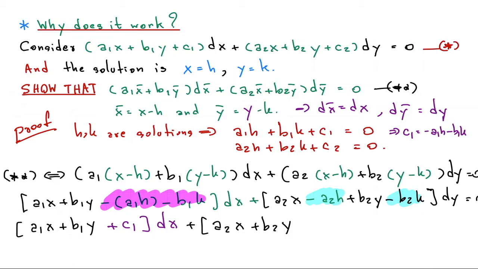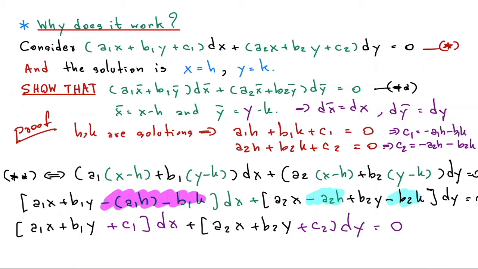Similarly, c2 is minus a2 h minus b2 k. So here is just plus c2 dy equals 0.